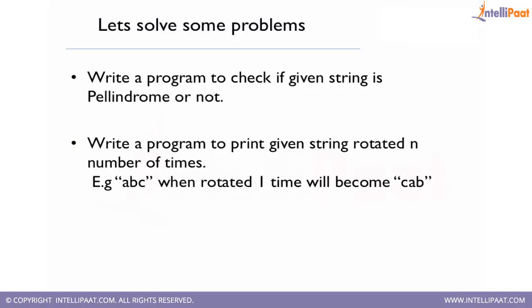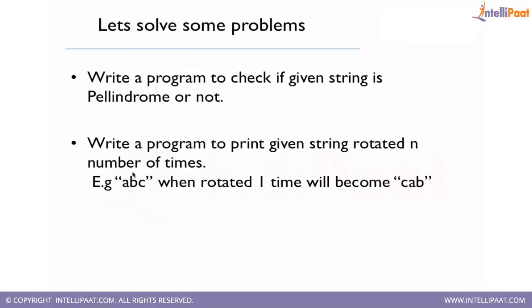Let's do one more program. Write a program to print a given string rotated n number of times. So what is the meaning of rotation? Suppose you are given a string abc, so when abc is rotated one time, it will become cab.